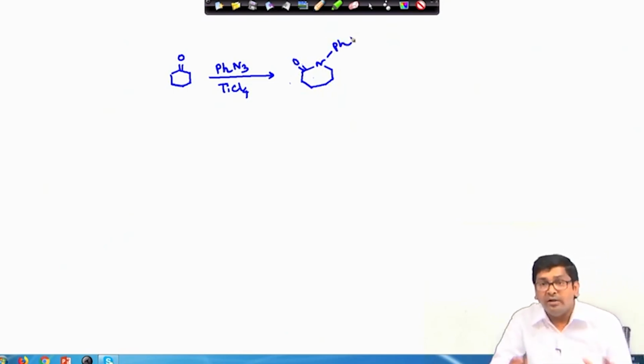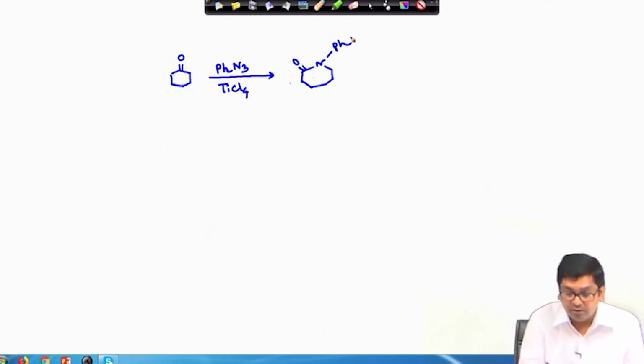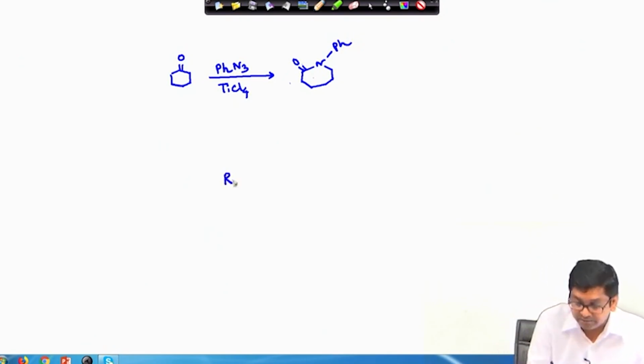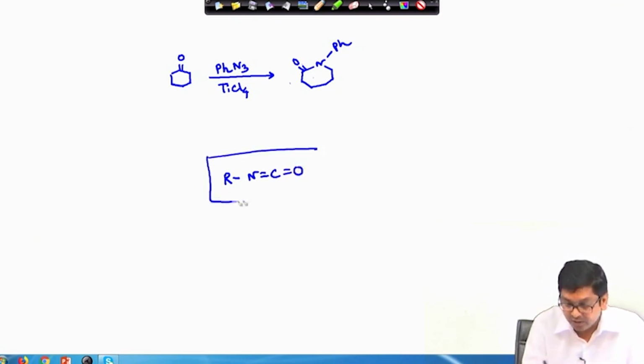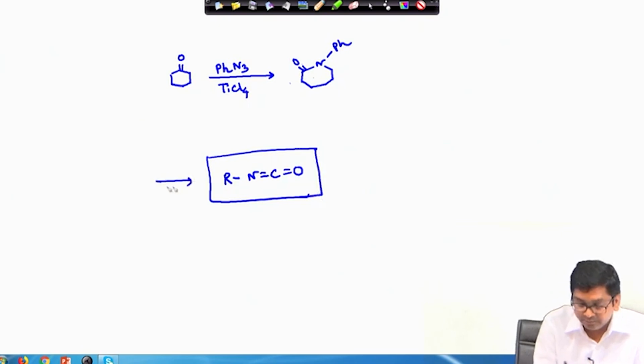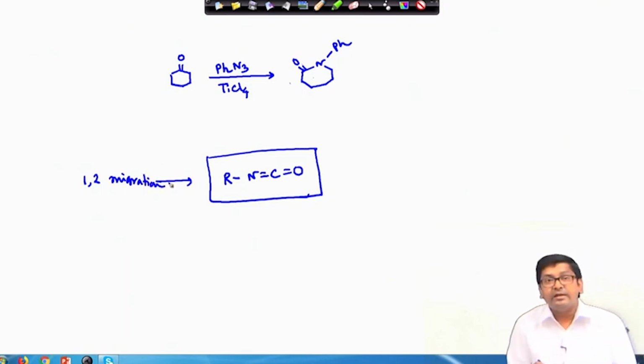Okay. So, in all these cases we have seen, one very important intermediate that is forming is the isocyanate. Okay. And how is this coming? In all these cases, this one is coming through the corresponding 1,2 migration, which is similar to the Wolff rearrangement in case of carbenes.